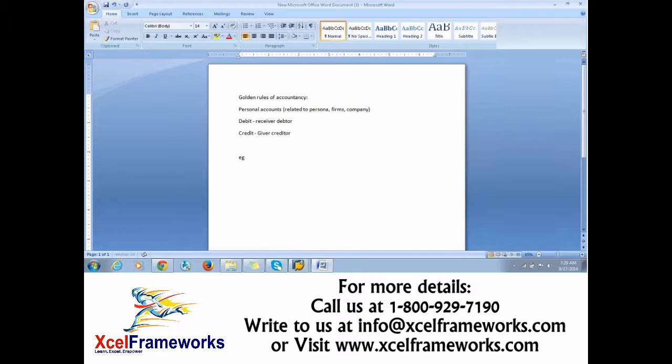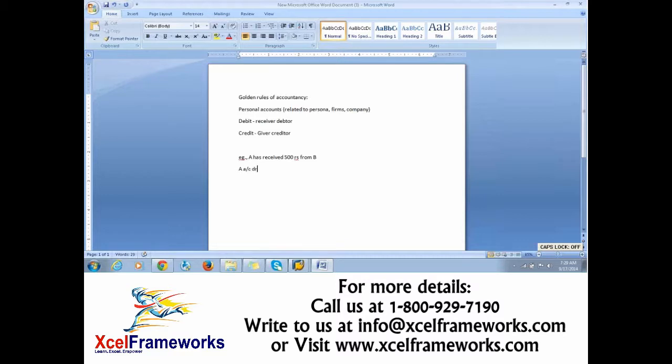That means, example, person A has received 500 rupees from person B. So in this case, who is taking the money? Person A has taken the money. So we are debiting person A.